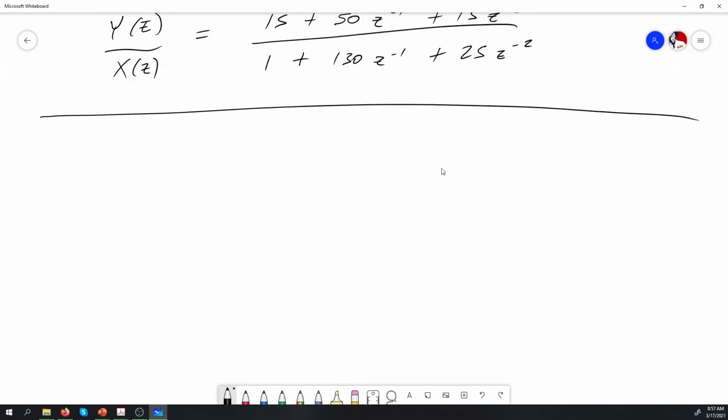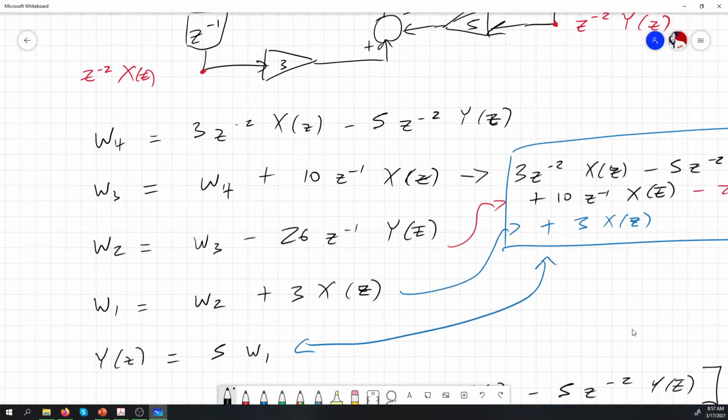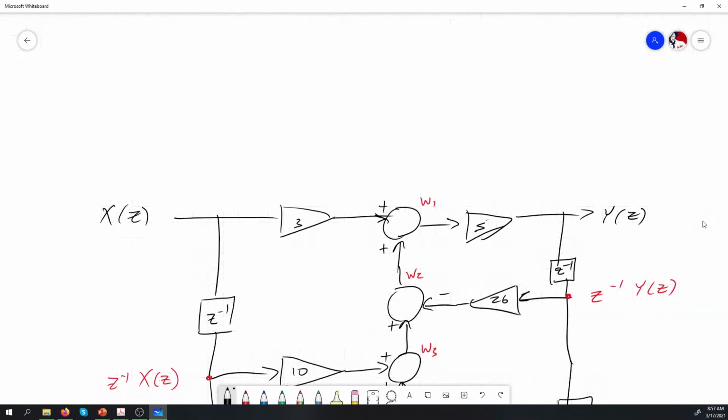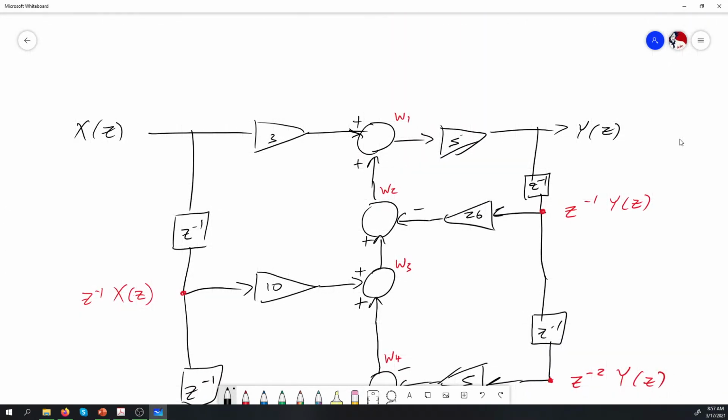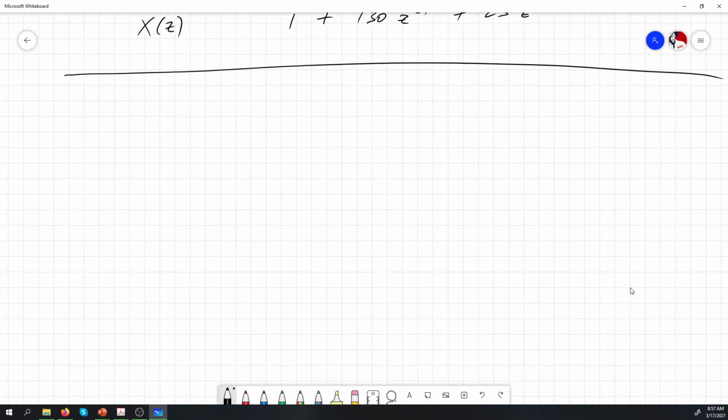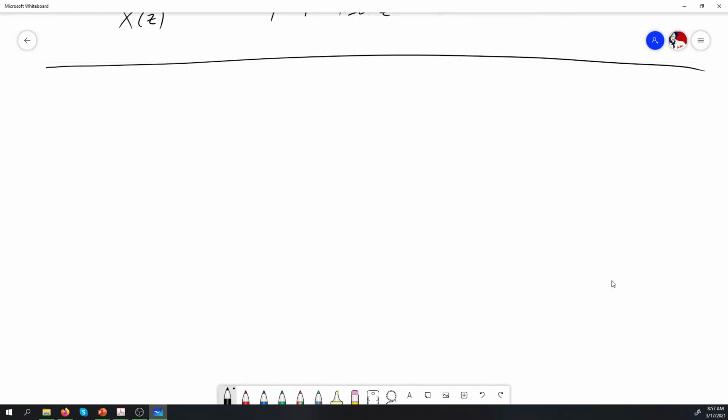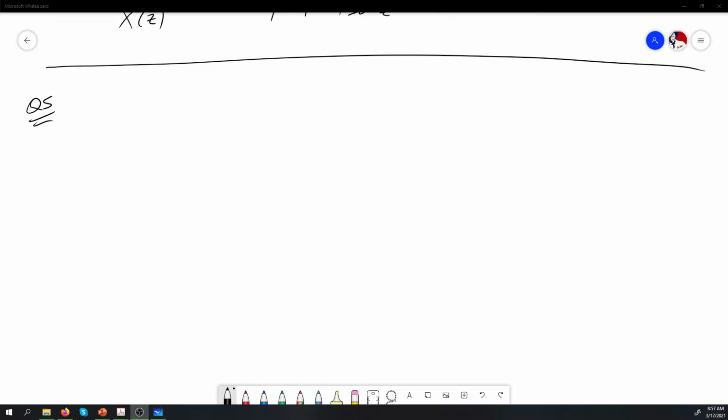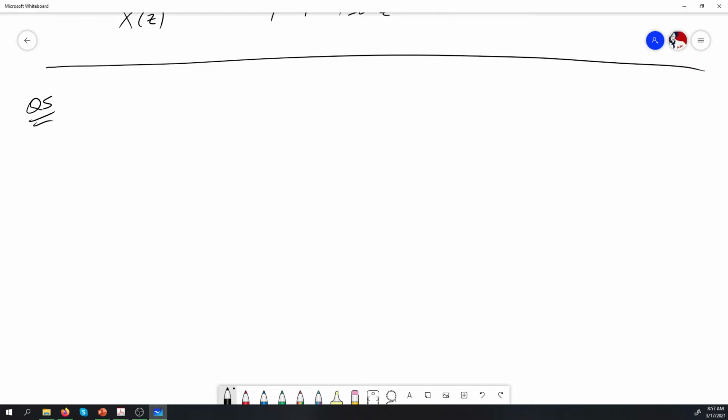Let me label these. Alright, so for the moving average filter design, we need to know what's going to be our zero crossings.